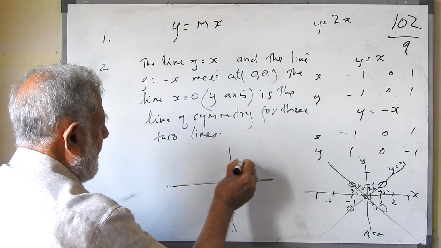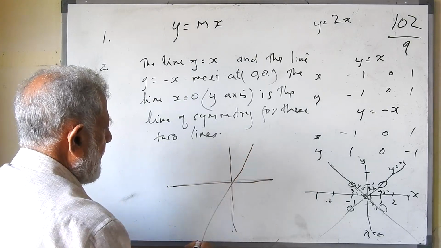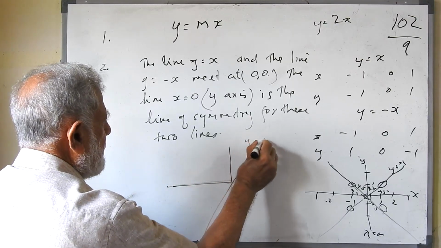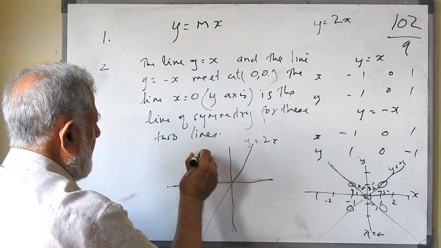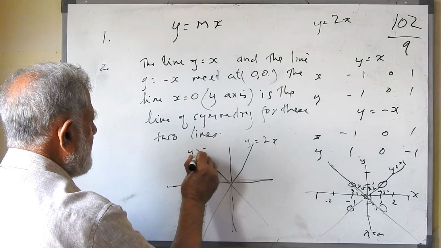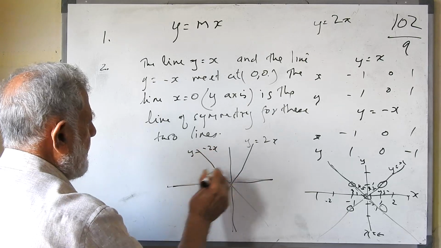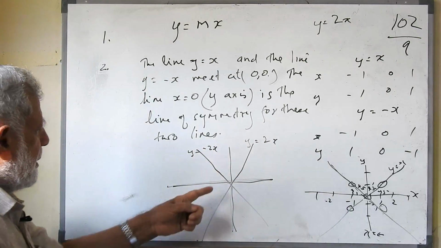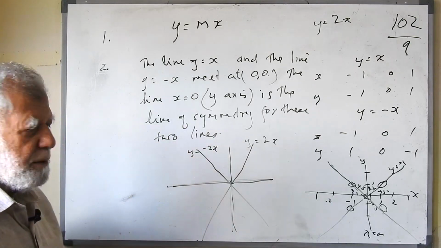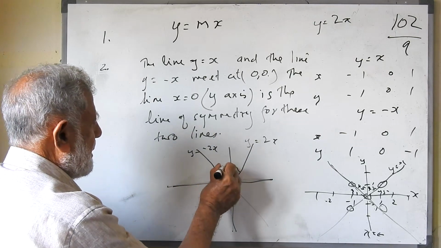Similarly, suppose we draw y is equal to 2x, and another one, y is equal to minus 2x. These two lines will cut at 0 and the y-axis will be the line of symmetry. That means this angle will be equal to this angle.